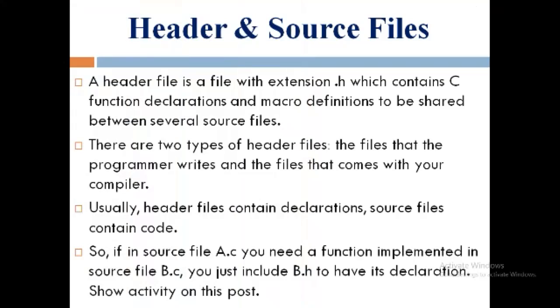A header file is a file with extension .h which contains C function declarations and macro definitions to be shared between several source files. There are two types of header files: the files that the programmer writes and the files that come with your compiler. Usually header files contain declarations, source files contain code.